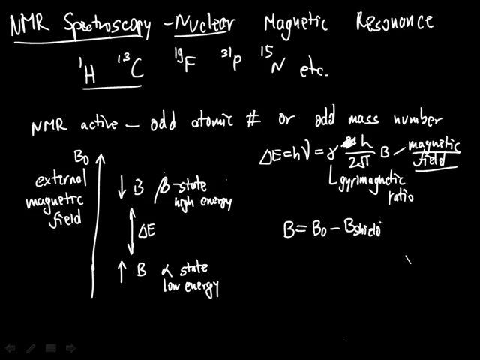And this B shielding is a small magnetic field caused by the electrons that surround a given nucleus. B shielding is really orders of magnitude smaller than B0. And so we're measuring very small differences in the NMR, which is a bit of a problem, but it's a problem that can be overcome.